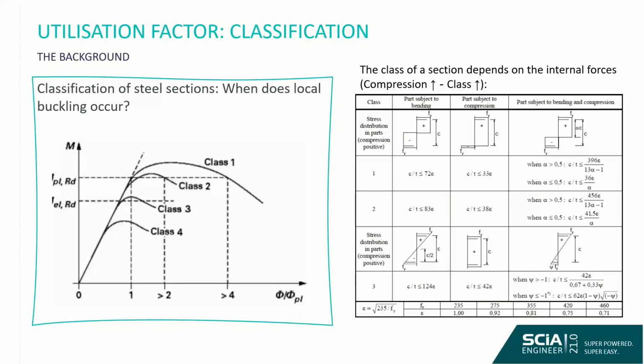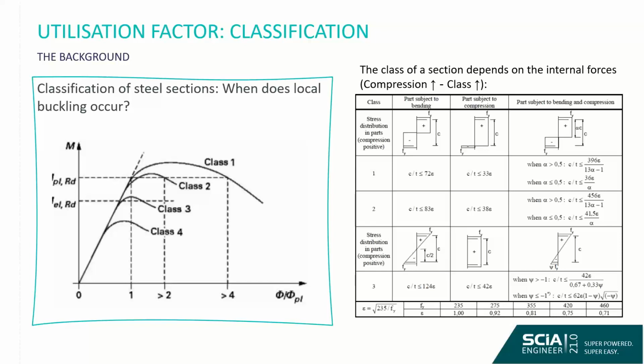For class 4 sections, this buckling will occur before even the elastic resistance of your section is reached. For class 3 sections, we will be able to reach the elastic resistance, but then some flange or some web will buckle before we reach the plastic resistance.